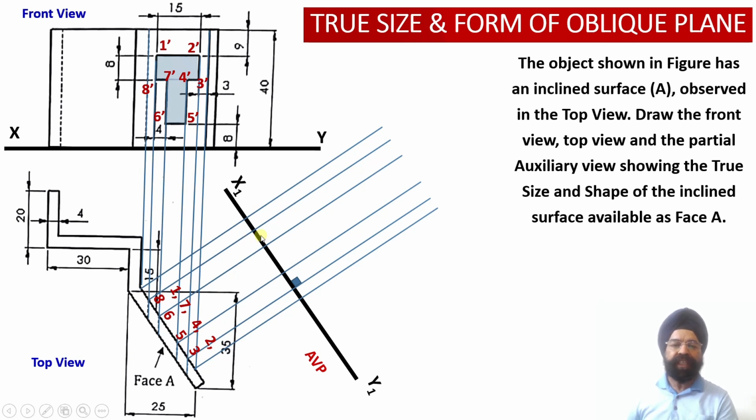Now we have got these projectors which we have drawn in order to evaluate the true shape of this apparent shape surface. Now we know that this is the boundary.